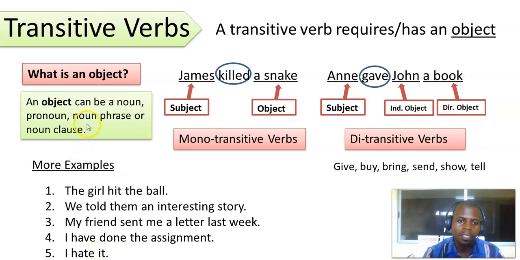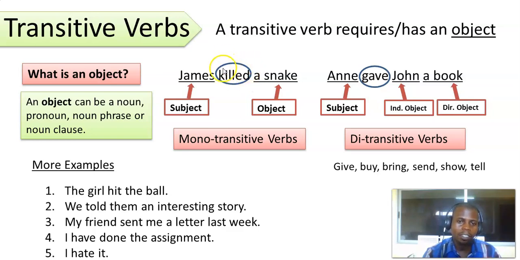There's something you need to note before we move ahead. An object can be a noun, a pronoun, a noun phrase, or a noun clause. When you see a noun, a pronoun, a noun phrase, or a noun clause that comes immediately after a verb, it is regarded as the object of that verb.